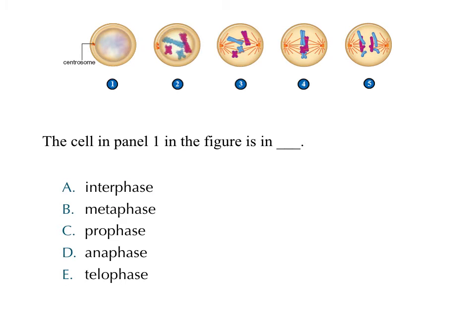So the cells are in interphase, when all the chromatin is not condensed. The cell in panel 5 is in which phase? Here you see everything being pulled toward the opposite pole. So this would be anaphase. The cell in panel 3 is in which phase? This would be prophase, but it would be later prophase. Panel 2 would be early prophase.